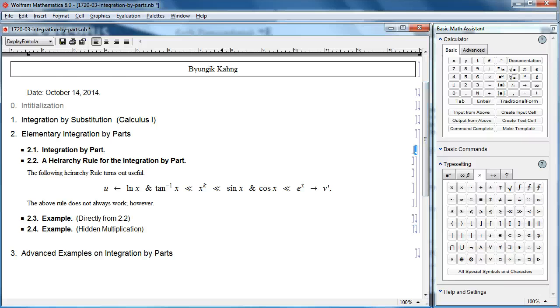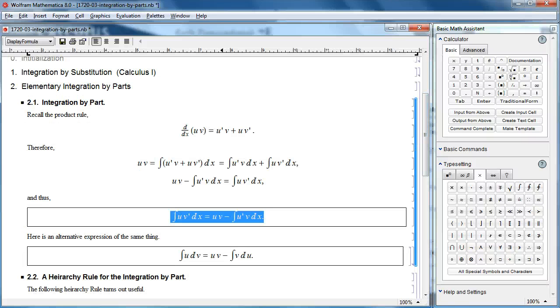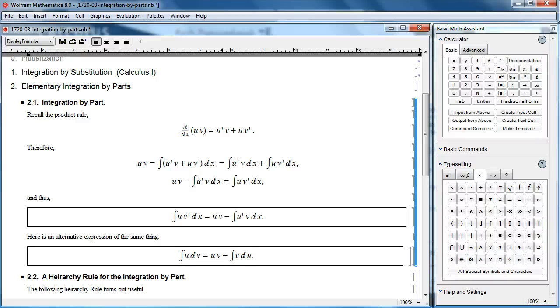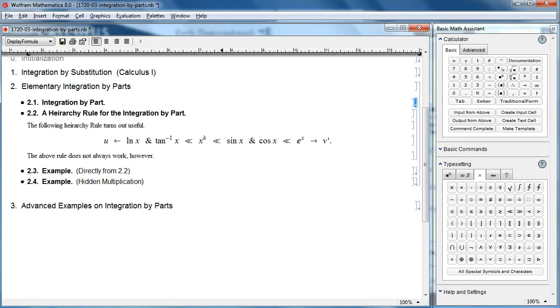The integration by parts formula here, either this one or that one, is extremely important, and I believe everybody has to memorize it, and also everybody has to remember this derivation. The hierarchy rule is not always right, but it works beautifully in a lot of situations. So I'd rather emphasize it, and I think everybody should remember this one.